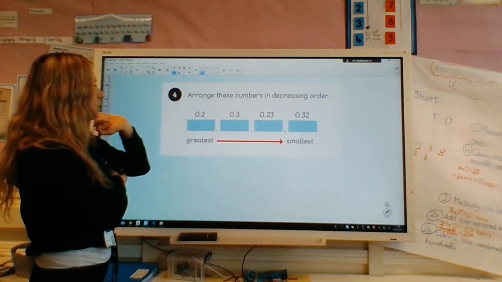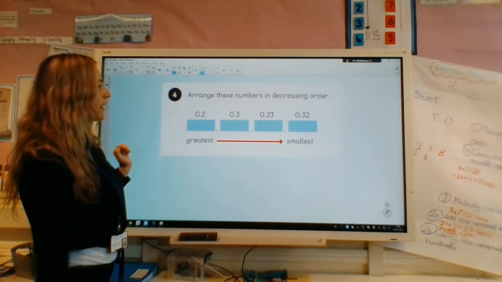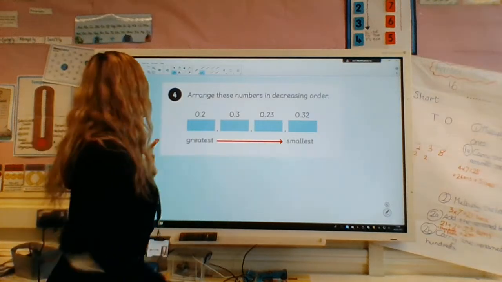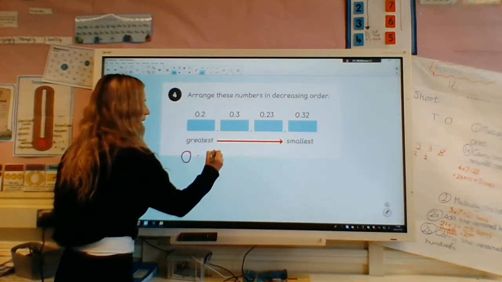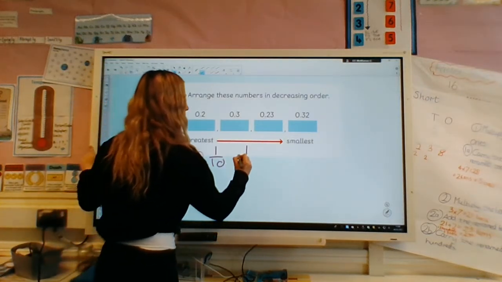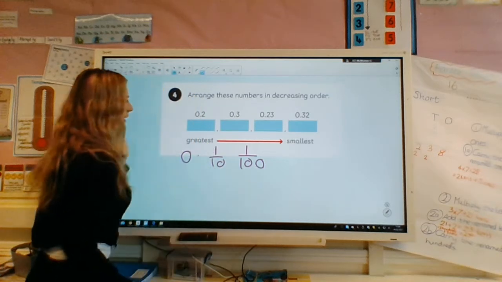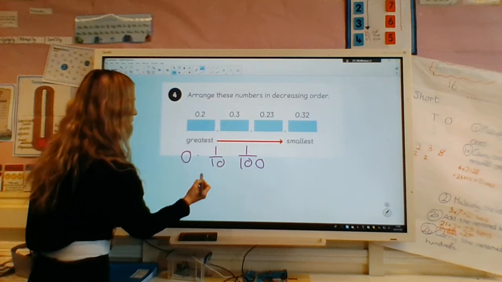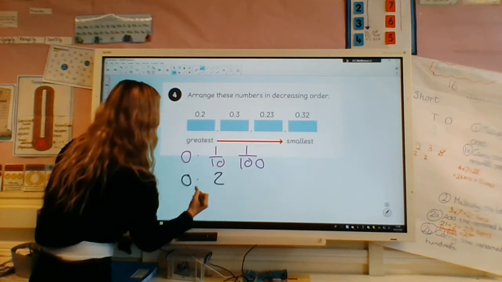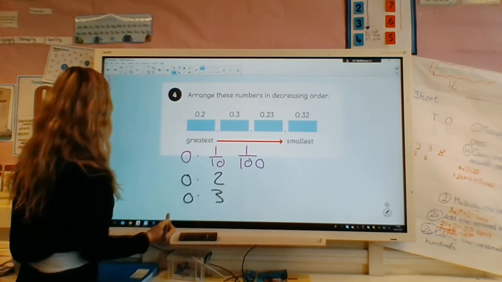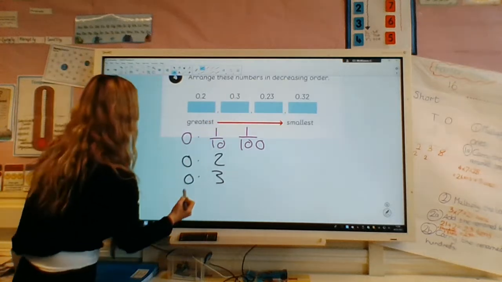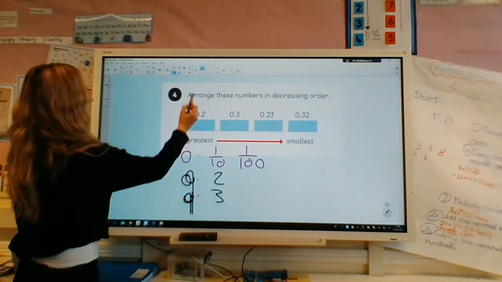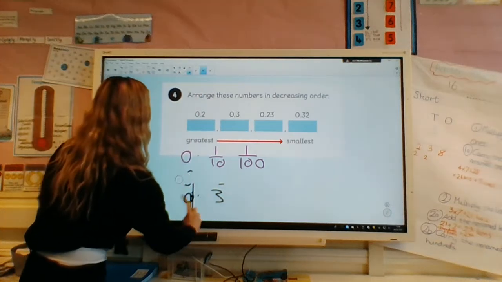Right, again, I need to arrange these, but this time we're arranging them in decreasing order, which means you start at the biggest and finish with the smallest. So once again, place value, and you just write each number underneath one another so it's easy for you. So we've got 0.2, 0.3, then I've got 0, let me rub that out, that's not going to work.